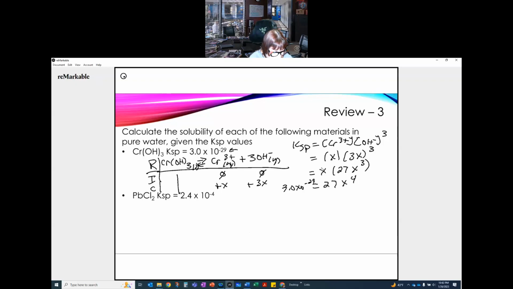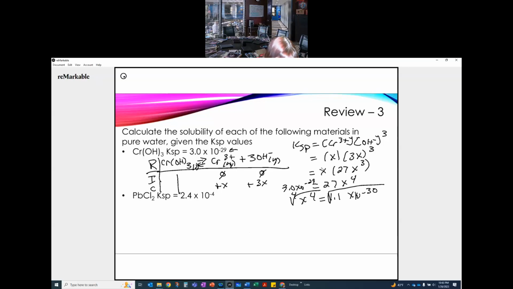So I can take my 3.0 times 10 to the negative 29. I can then divide that by 27. That gives me X to the 4th is equal to 1.1 times 10 to the negative 30th. I then take the 4th root of this, which is the 1/4 power.